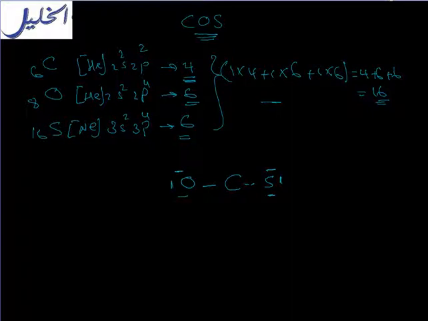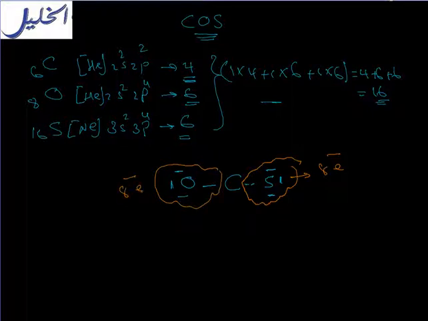Now we will see around sulfur. It has 8 electrons, so it has reached the octet rule. Now we will see oxygen. It also has 8 electrons, so it has reached the octet rule.